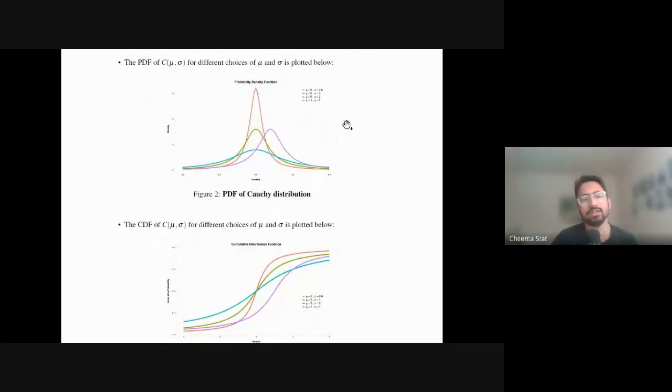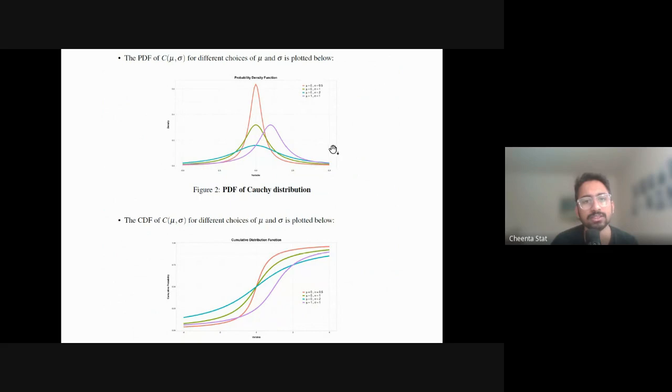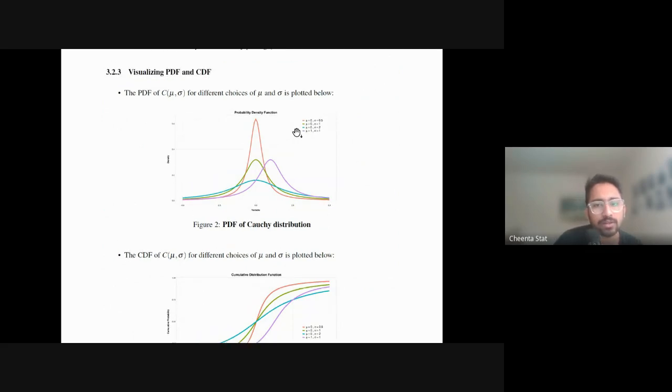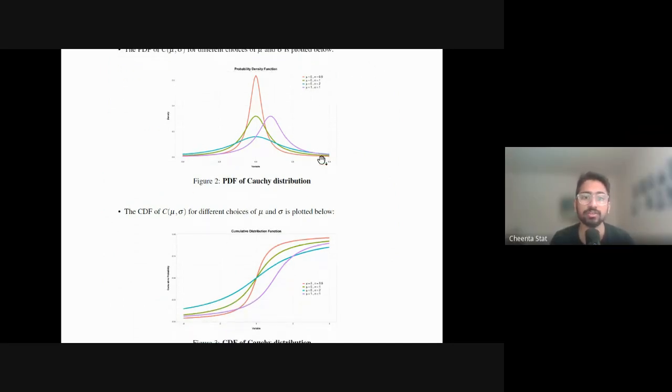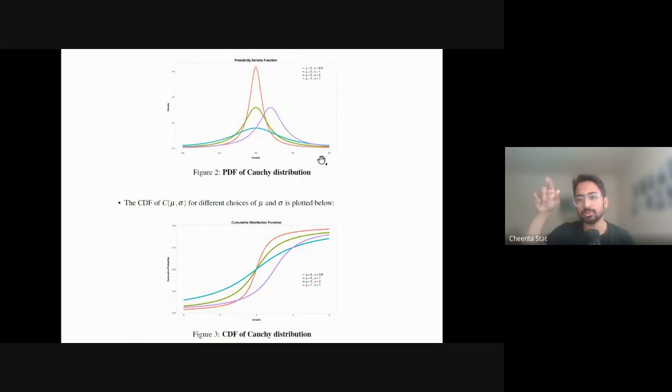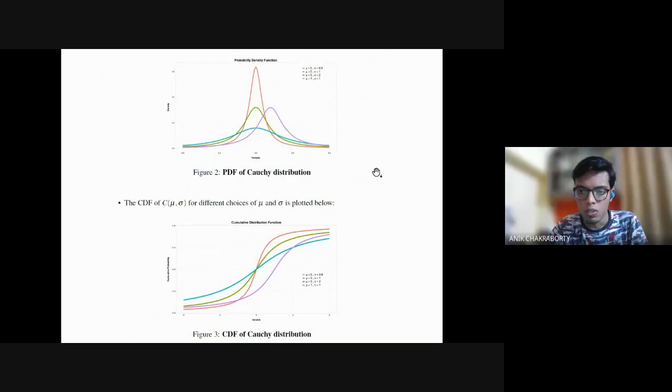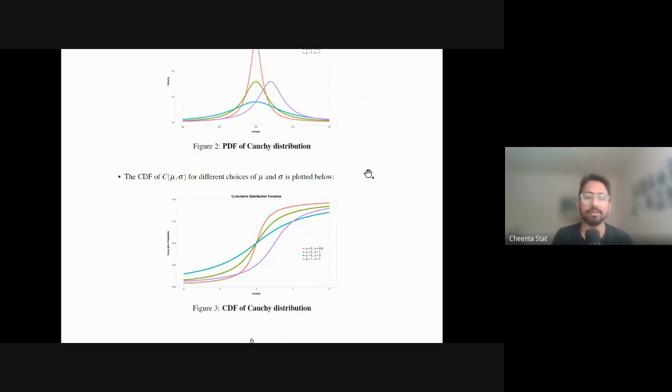Mu is the location parameter and sigma is the corresponding scale parameter. As sigma increases, the distribution becomes much more dispersed. Cauchy is symmetric around its center, since it is an even function of x minus mu, so it is even around x equal to mu.